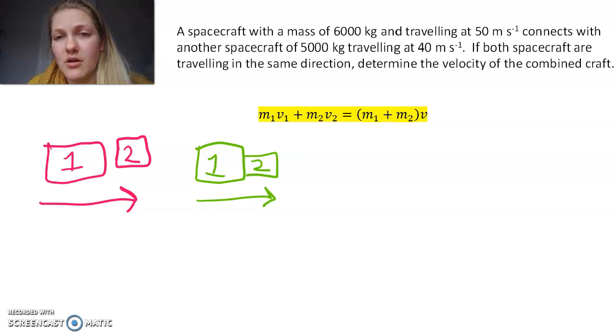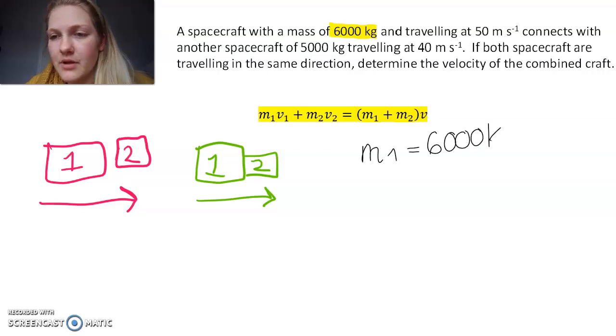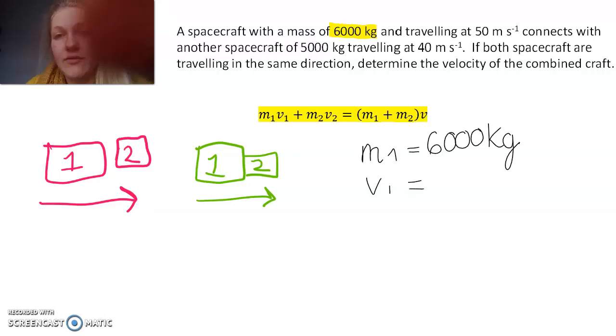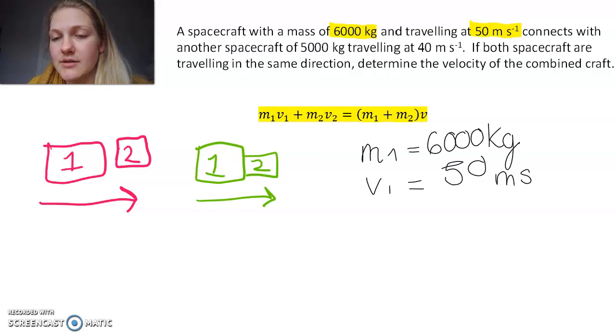So in this question, I know that my M1 is 600 kilograms. So I'm just going to label that in here. I then know my V1, which is given also in the question here. So we can write down our V1 as 50 meters per second.